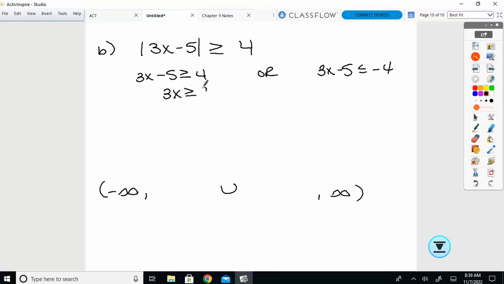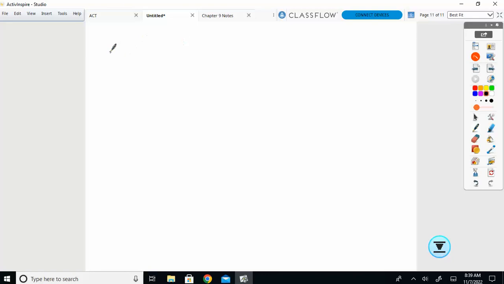Flip the sign in the opposite. Negative. So you get 3x is greater than or equal to 9, so x is greater than or equal to 3. And this one, x is less than or equal to 1/3. So it would be negative infinity to 1/3, parenthesis or bracket, union, bracket, 3 to infinity. So we should get 2 separate intervals.